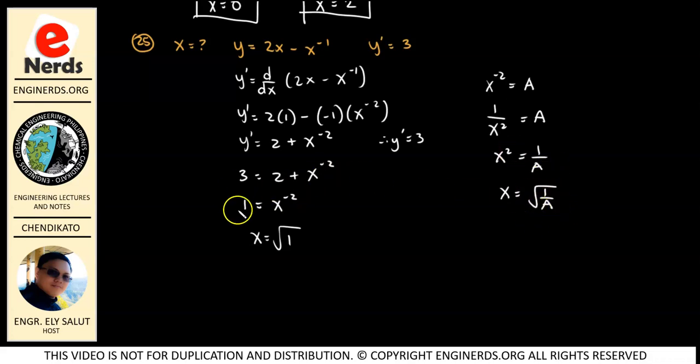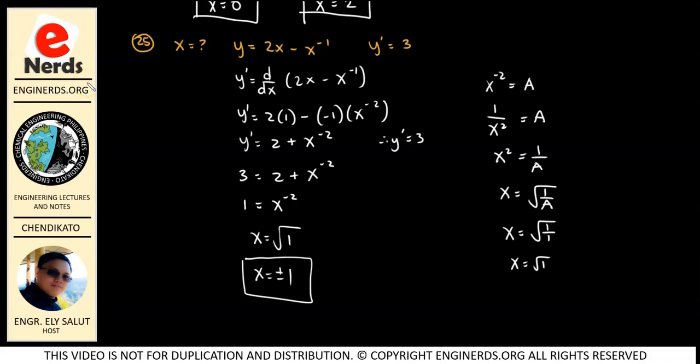However, our a here is equal to 1. Therefore, x is equal to the square root of 1 over 1. So, this is equal to square root of 1. And then, square root of 1 is equal to plus and minus 1. Therefore, this is our final answer for this problem.